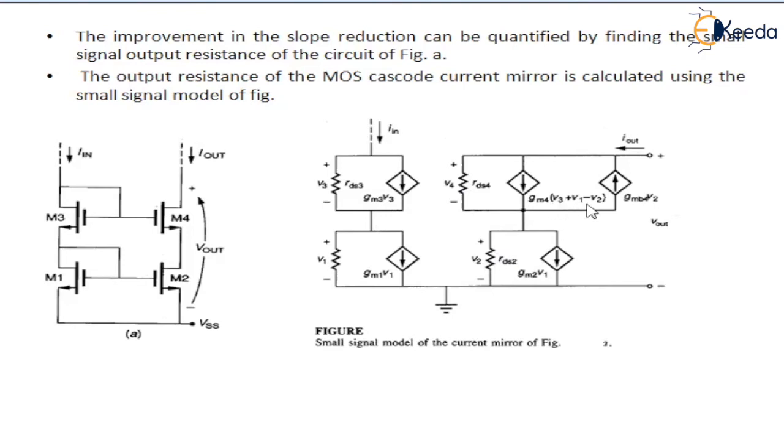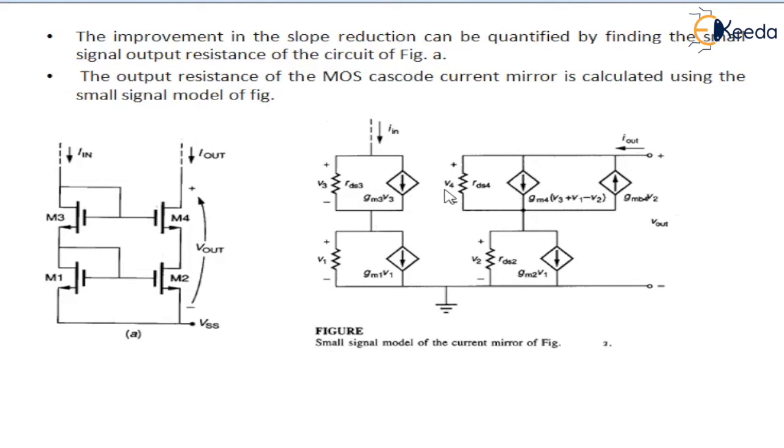So it is written over here, and taking the body effect, we get GMB4 V2. In this way we can first calculate V out and then calculate R out. V out is equal to V2 plus V4, and V4 can be found from the small signal model of M4.